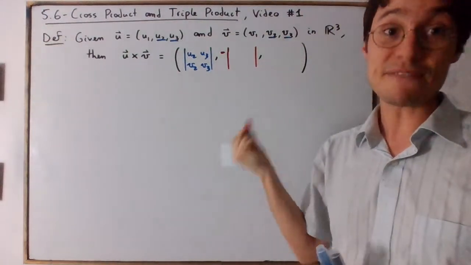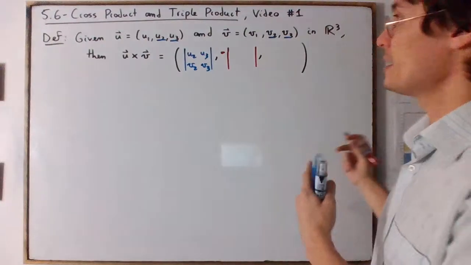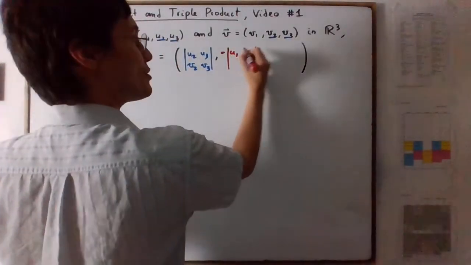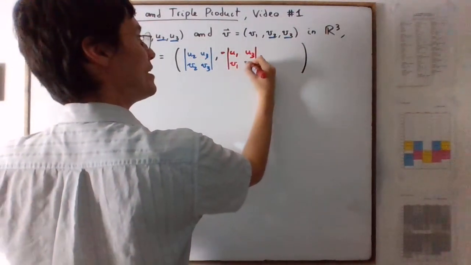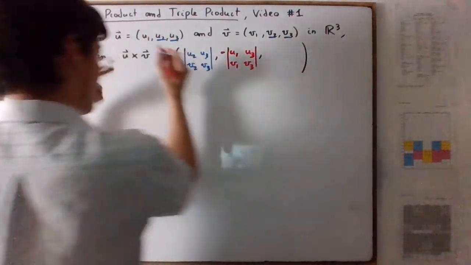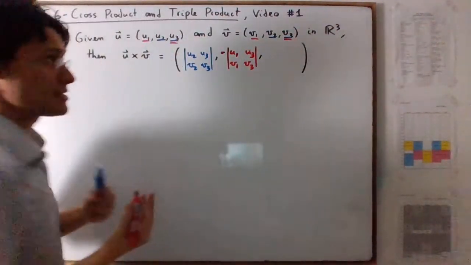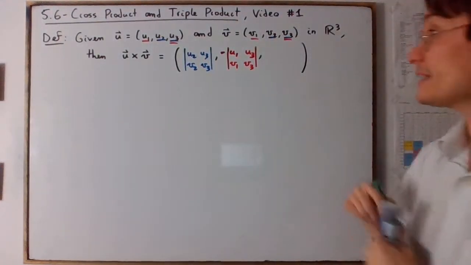The negative sign comes from cofactor expansion, which I will explain in a minute. The second component means you keep the first and the third, so it's u1, u3, v1, v3. That's what you need to see, and you can see the pattern here.